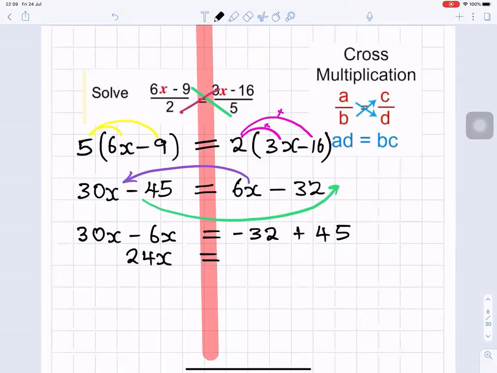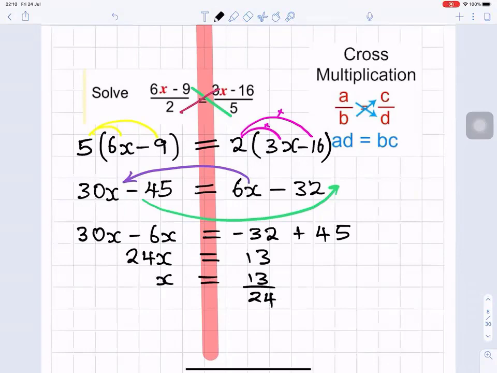What's 45 minus 32? The way I do it, I turn them around, do 45 minus 32, and that gives me 13. So I swap them, becomes 45 minus 32. And to get x, you divide by 24, is 13 over 24.